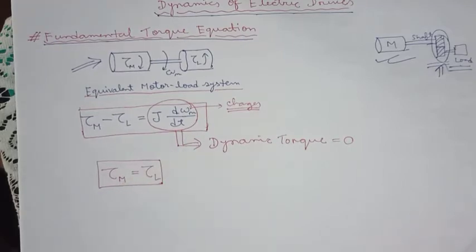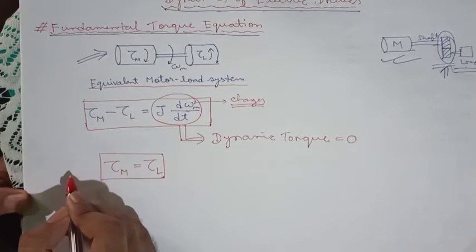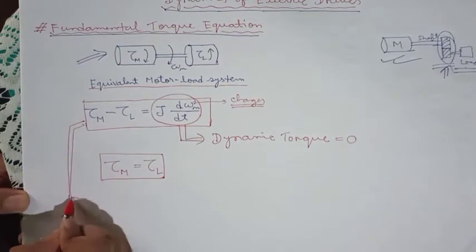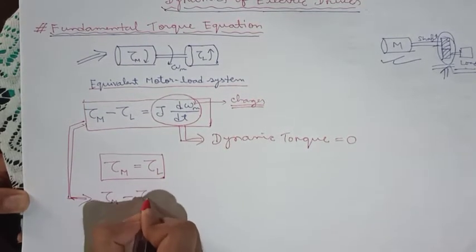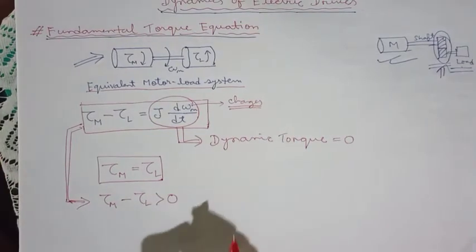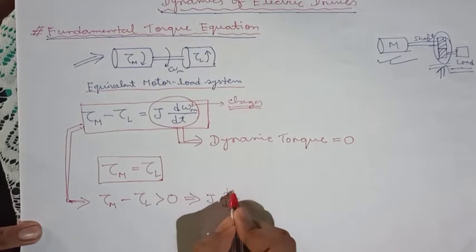Now suppose we increase the motor torque. Now what happens? We see from this equation that when the motor torque increases, the term tau m minus tau L will be greater than 0. And this implies the dynamic torque will also be greater than 0.